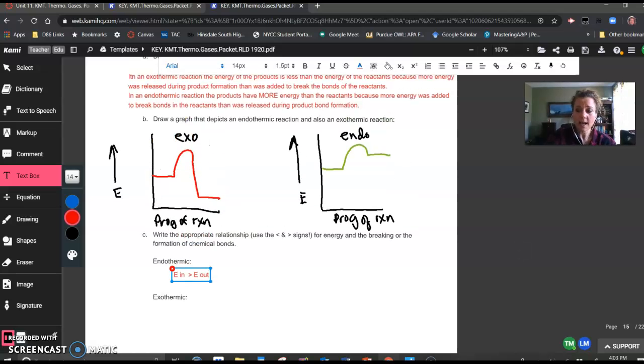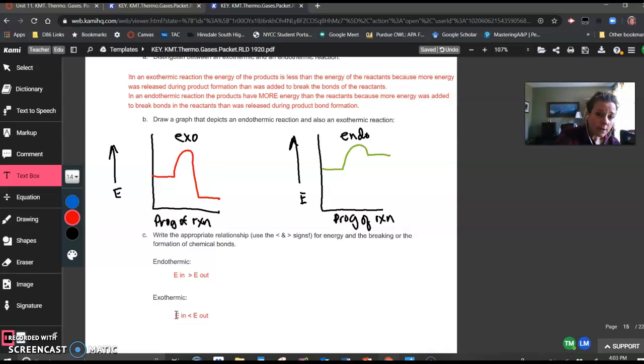As you can see on my graph, my energy in line for endothermic is longer than my energy out line. For exothermic, it's the opposite. I have energy in is less than energy out. And on the graph that I just drew, here's my energy in, and it is a shorter line than energy out.